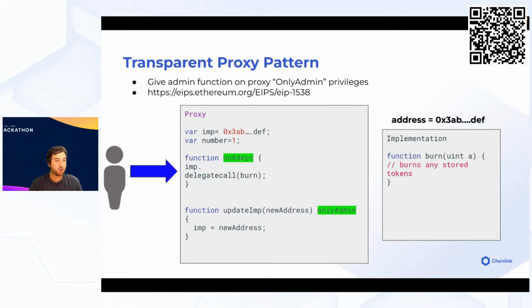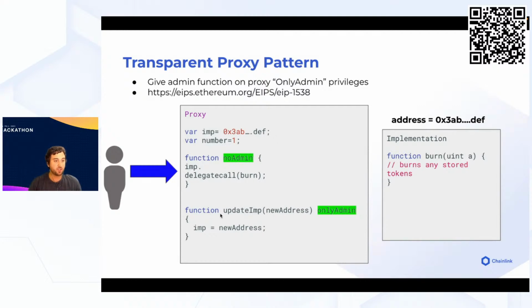Essentially in the transparent proxy pattern, we make sure, as always, to have all of our state in the proxy and all of our functionality that does anything important in the implementation, right? We have some functionality here in the proxy, but the only functionality we have in the proxy is borrowing functions from the implementation. And in transparent proxy, we also include any of our update functionality, right?